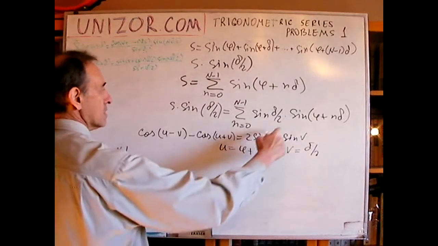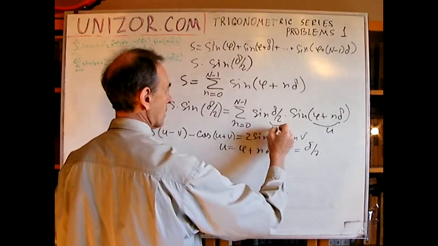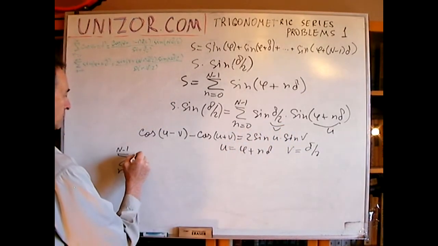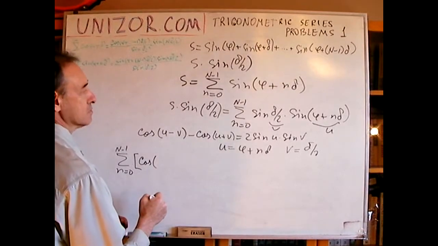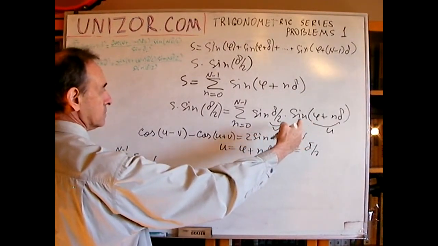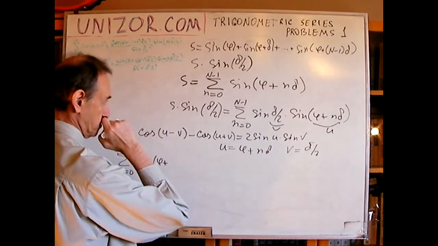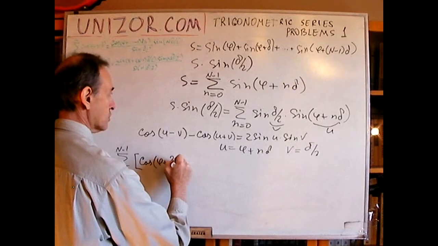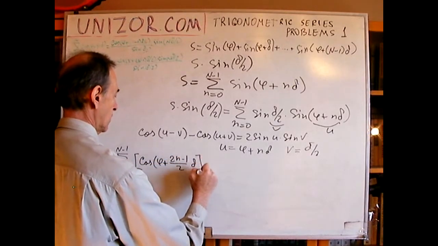So this is u, this is v. So I will have cosine of u minus v, which is phi plus 2n minus 1 over 2 delta. Am I right?